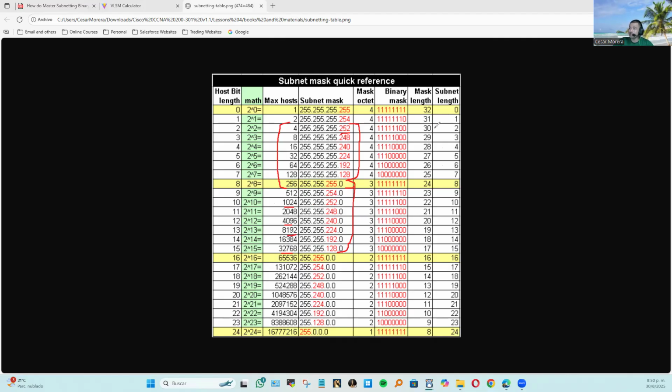There is the mask length, the famous slash. You have the slash 24, 25, 26, 27, 28. Those are the most essential ones to learn for the exams. By learning these calculations and practicing, you will be able to create these tables from the top of your mind, and it will be very easy to follow.